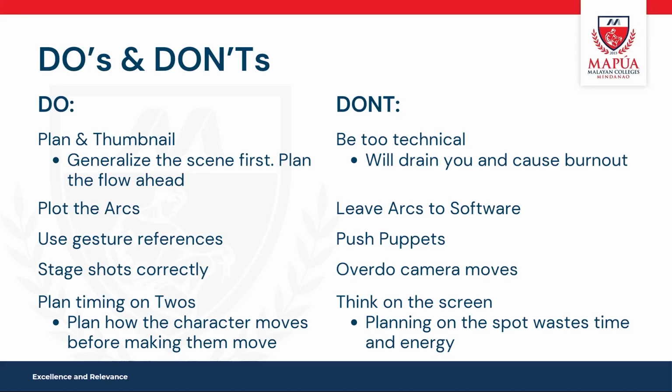Plan ahead. If you think on the screen, you will fall victim to animating on ones. You will have this motion in mind, and you might end up animating on ones to ensure that you will get the smoothest motion possible. Now, planning on the spot will waste your time and your energy, and expect that you will burn out at the end of it.